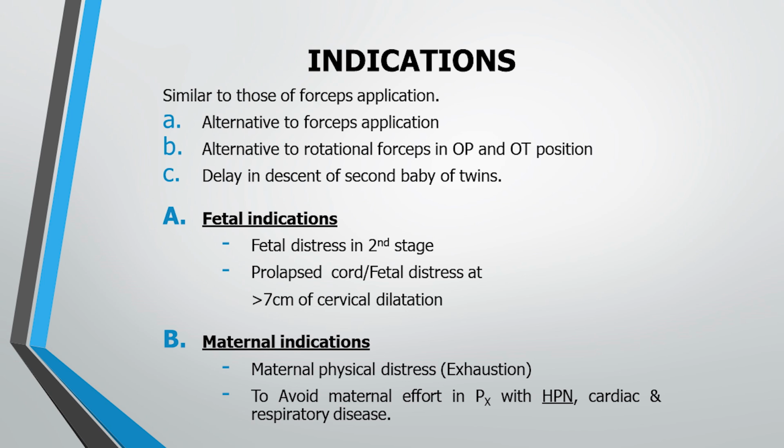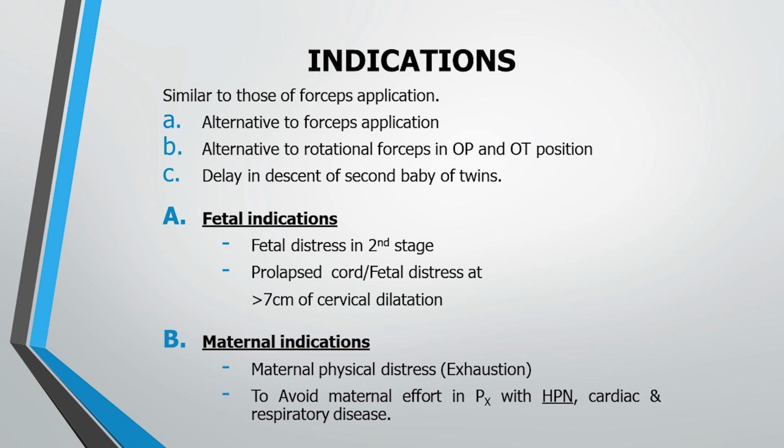Fetal indications may include fetal distress, like we said for forceps, and cord prolapse in second stage. If the cervix is greater than 7 centimeters dilated, it may be a very good indication, because unlike forceps, you do not have to have a full cervical dilatation. Once the cervix is more than 7 centimeters, you can easily use the vacuum cups, because they are not large enough to contain the whole head. They're very small. They are not as big as forceps.